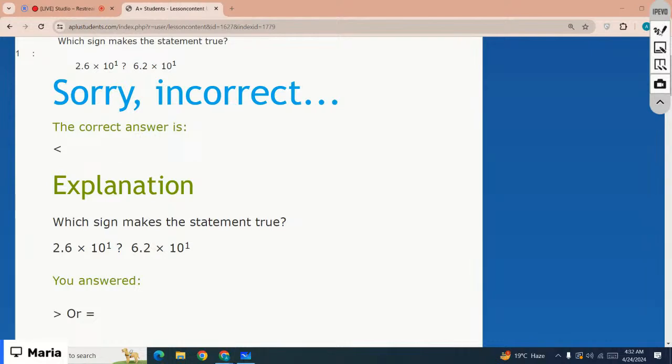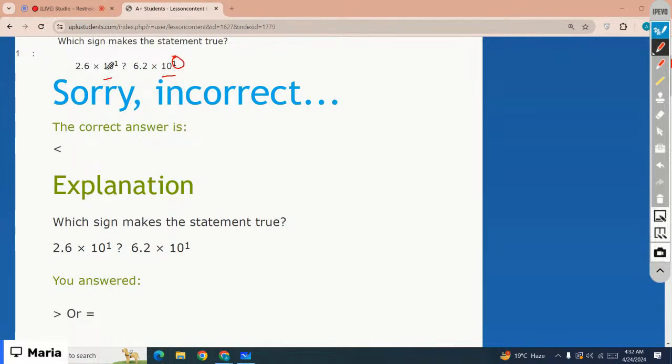Just look at their exponents first. They both have exactly the same exponent. Here is 1 and here is 1. Now you have to look at these numbers. So 2.6 is less than 6.2. So then 2.6 times 10 exponent 1 is less than 6.2 times 10 exponent 1, right?